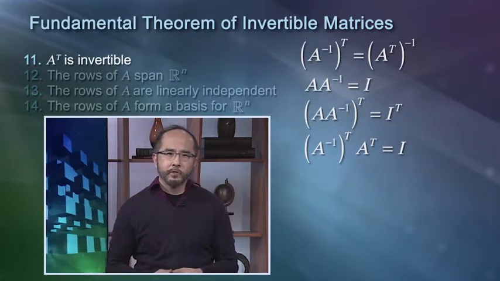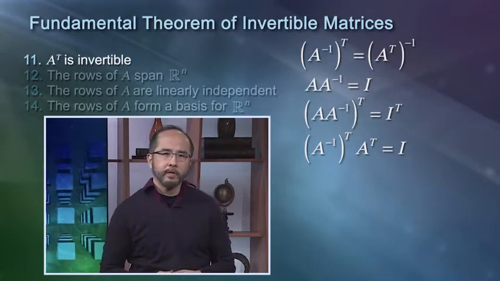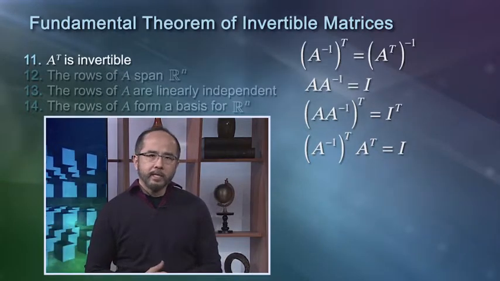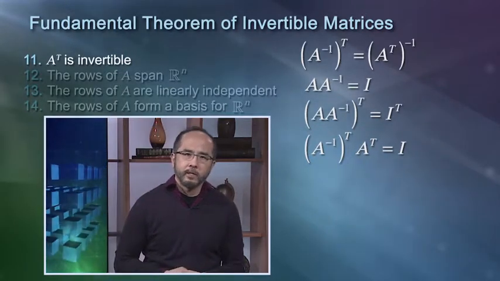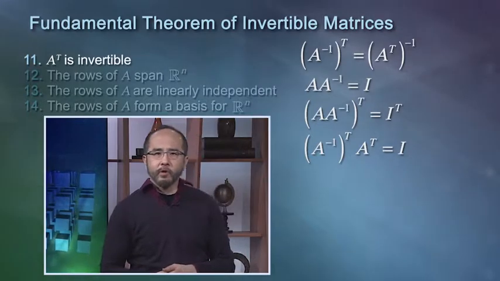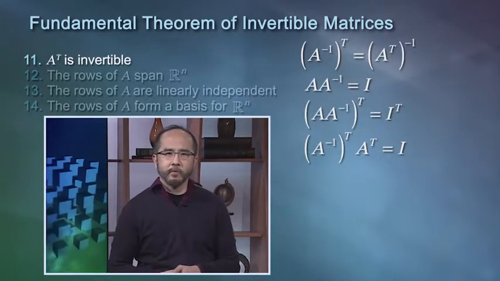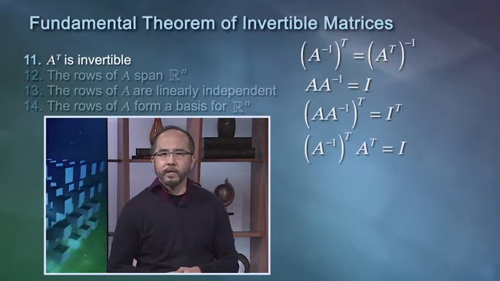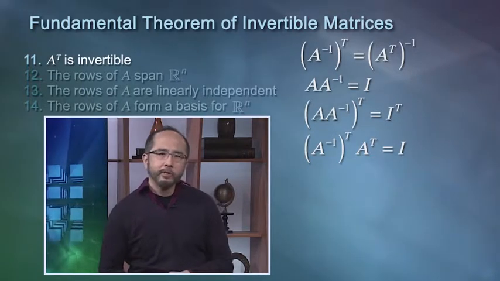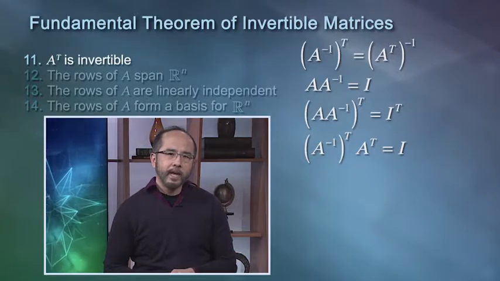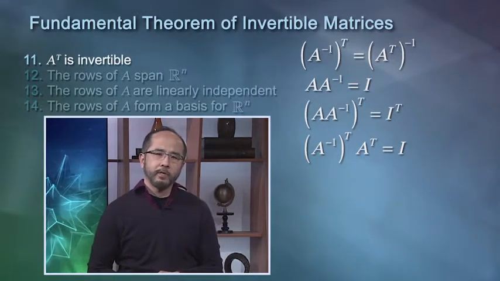Then A inverse transpose times A transpose equals the identity. So if A is invertible, then this equation shows that A transpose is invertible, which is statement 11. The reverse conclusion also holds by switching the roles of A and A transpose.